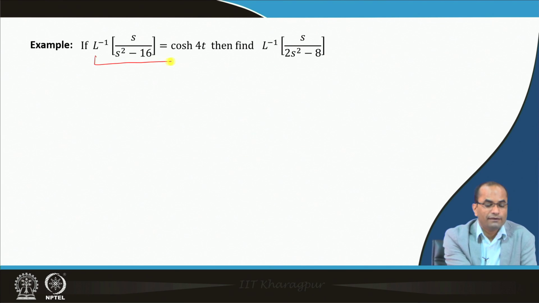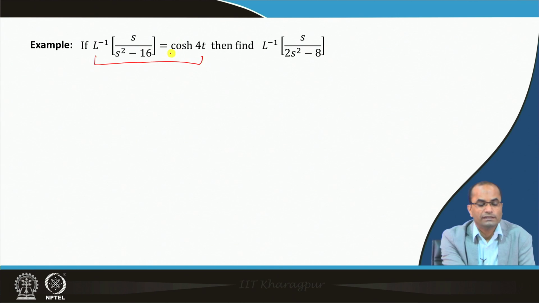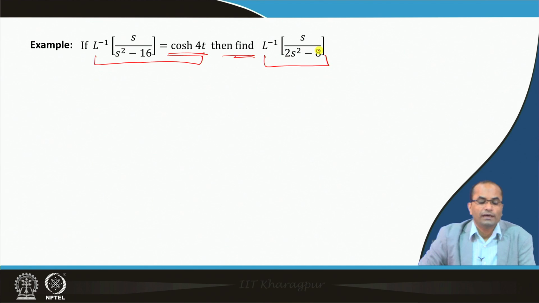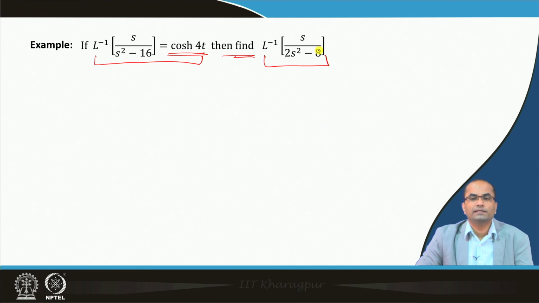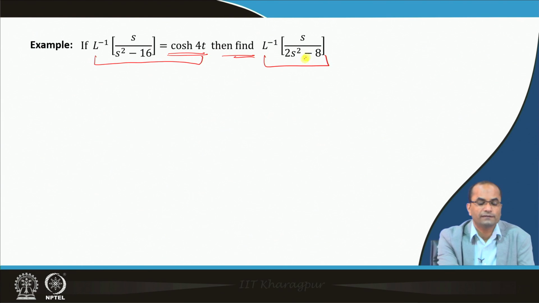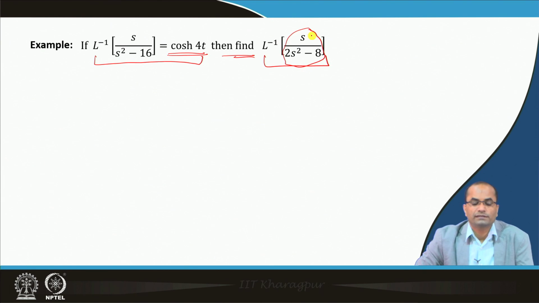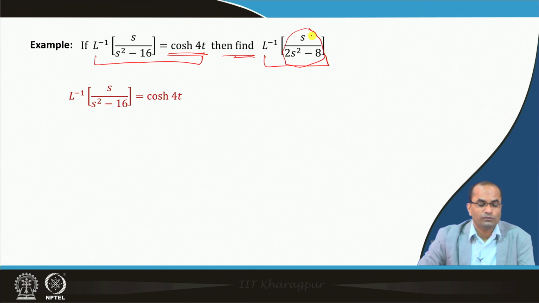If we have now L inverse of s over (s square minus 16) given as cos hyperbolic 4t, then we need to find L inverse of s over (2 s square minus 8). So, we have to again see what kind of scaling is done in this Laplace transform and then we can apply this scaling property of the inverse transform.